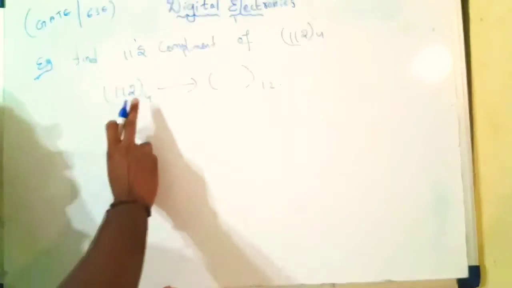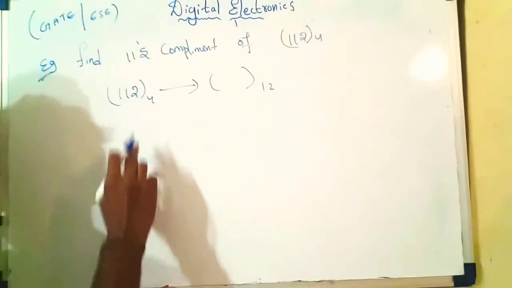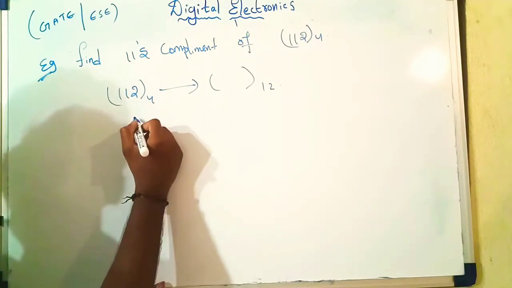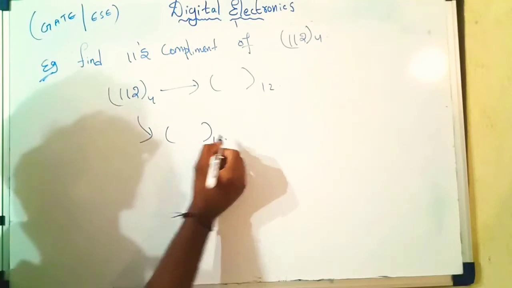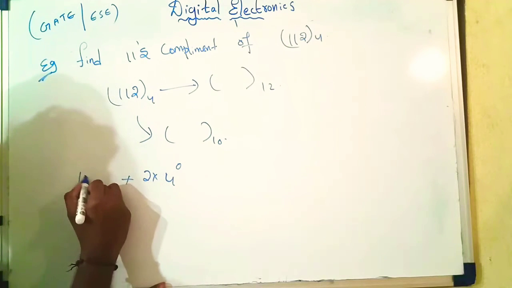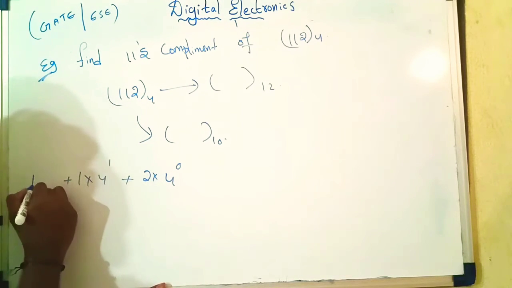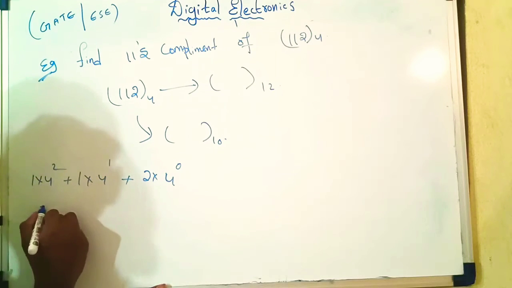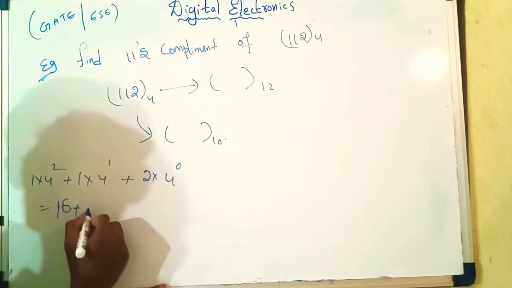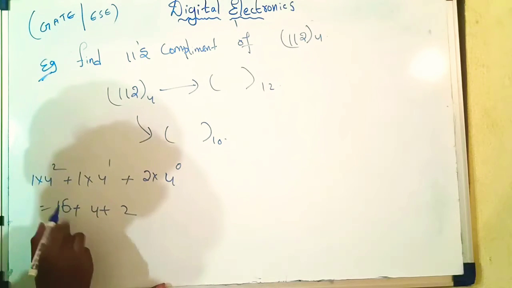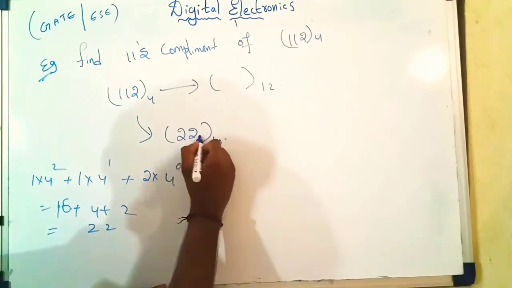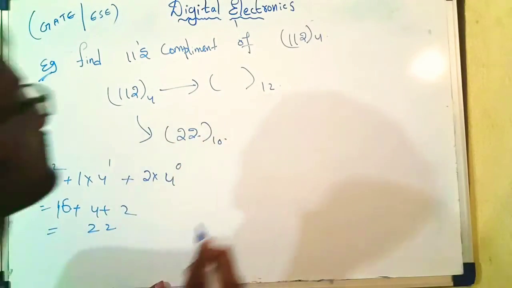For converting base 4 to base 12, first we need to find the base 4 to decimal system. So this value is 2 into 4 to the power 0 plus 1 into 4 to the power 1 plus 1 into 4 squared, which is 16, plus 4, so 16 plus 4 is 20, plus 2 is 22.